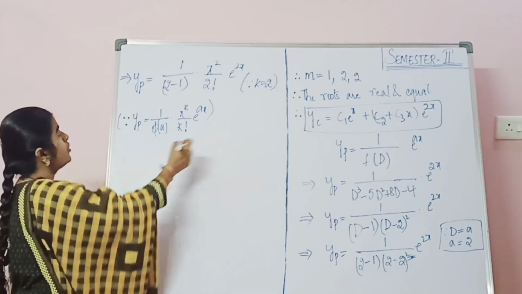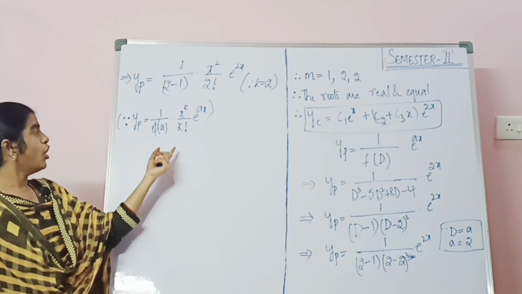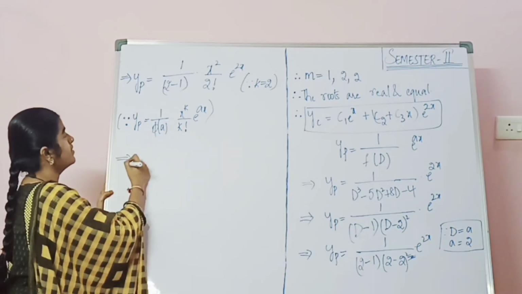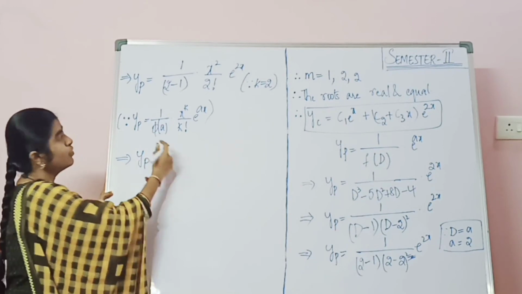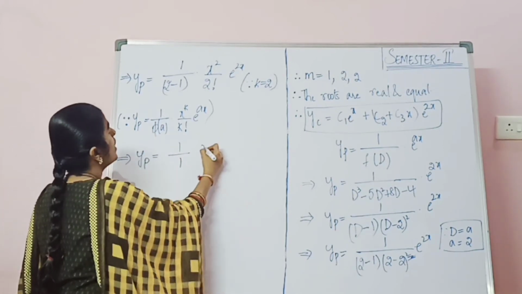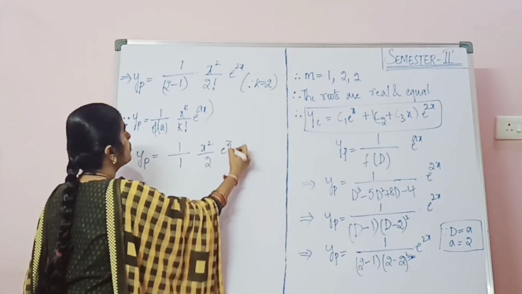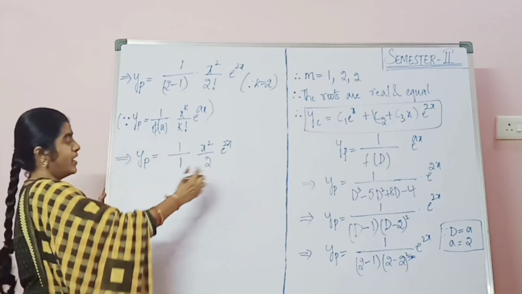Since k equals 2, according to the formula we have considered 2 minus 1 as phi(a). So Yp equals 1 by 1 into x square by 2 into e power 2x.